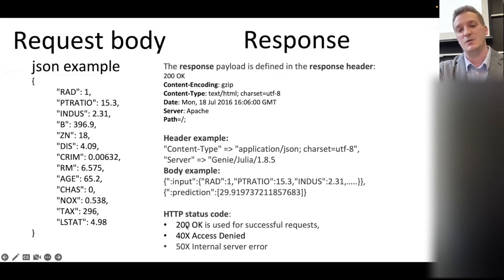If this code is 200, it means that everything is okay. But if we have 40-something, we have information that we don't have access to our server, so something is bad on the sender's side. And if the status code starts with 50, it means that something is bad on our server. So this is very important. These three pieces of information are very important because we know on which side we have a problem.